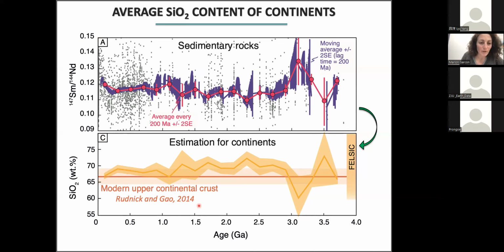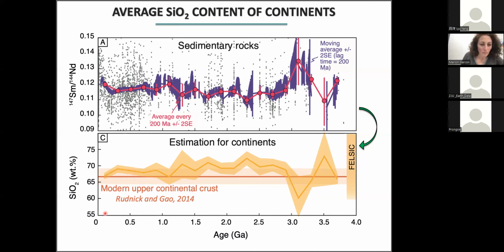The modern upper continental crust composition is shown by the orange line here, plus or minus 2 sigma. And so at first sight, you can see that the conclusion is that the silica content of the continent has not changed through the past 2.7 billion years.